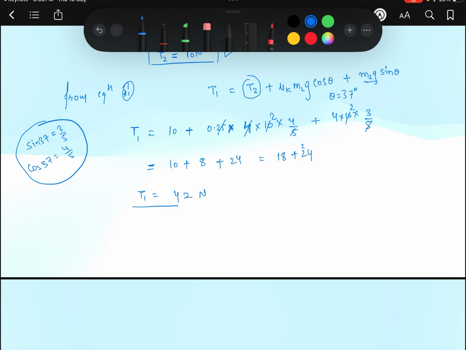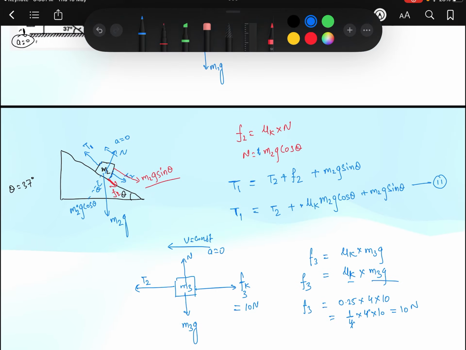So this is the tension in the string that is parallel to this inclined plane. So here the T1 value we already got.